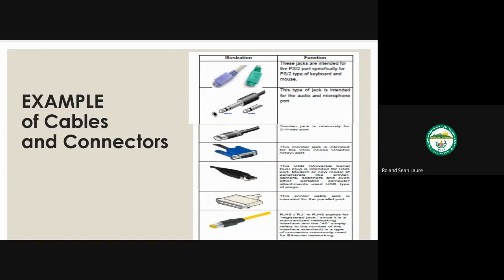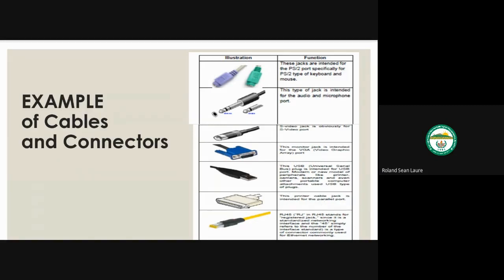Okay, next is the USB cable. So this USB or Universal Serial Bus plug is intended for the USB port, modem, or new models of peripherals like printer, camera, scanner, or even other portable computer attachments that use USB type plug-ins. Next is the parallel port. So this is the printer cable jack intended for the parallel port.